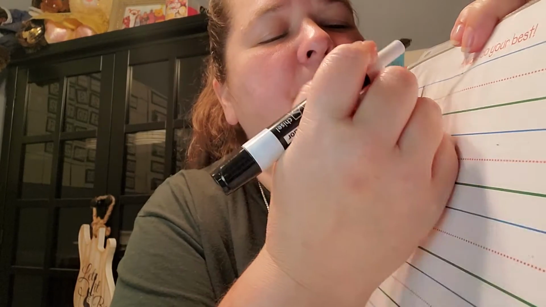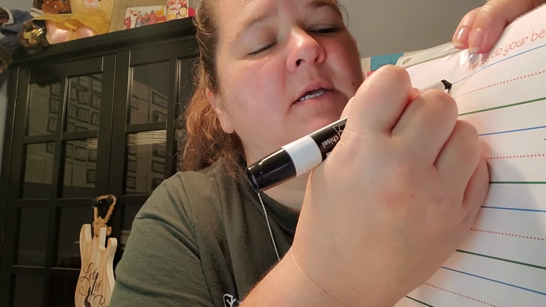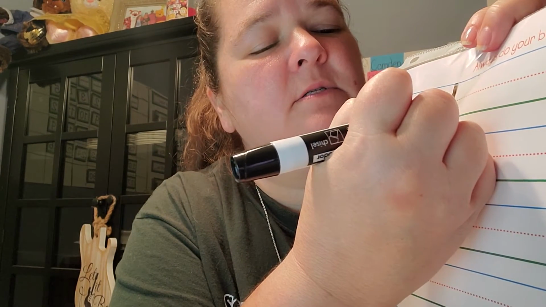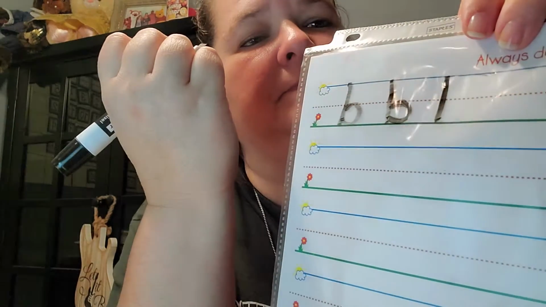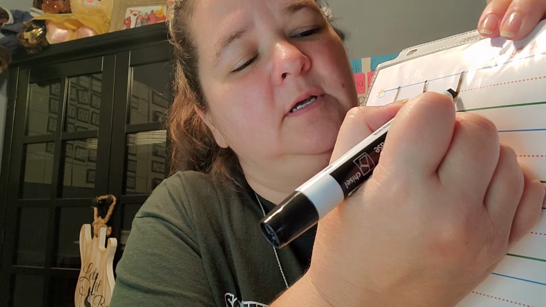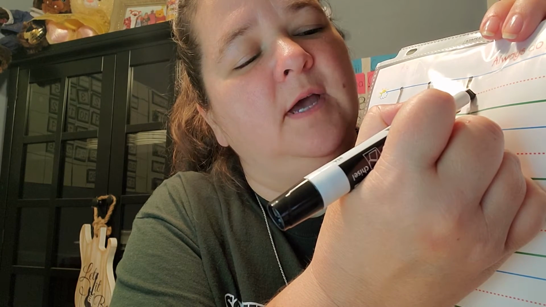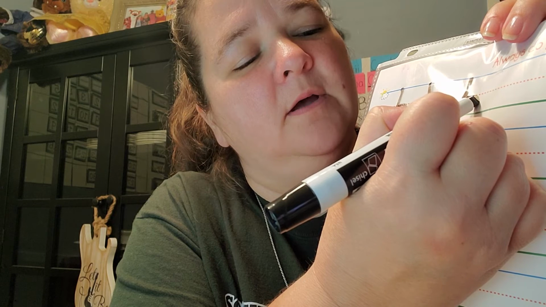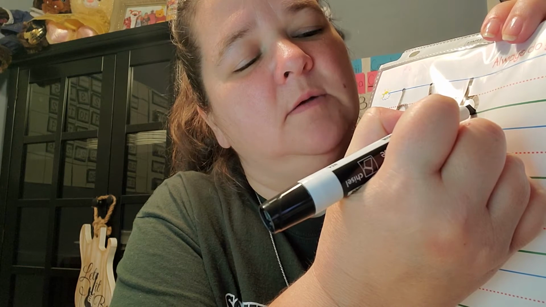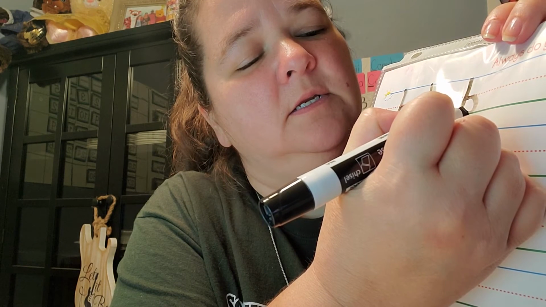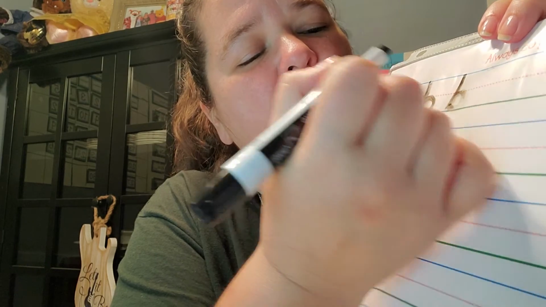Let's do one more. Start at the skyline, go down to the grass line and stop. Touch your stick at the plain line, make a half a circle or a hump, go around, come to the grass line, and stop on your line.